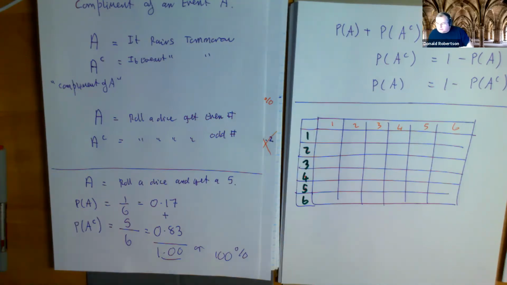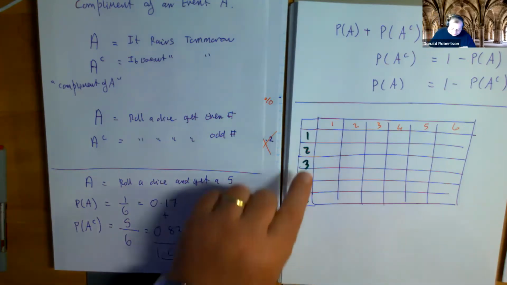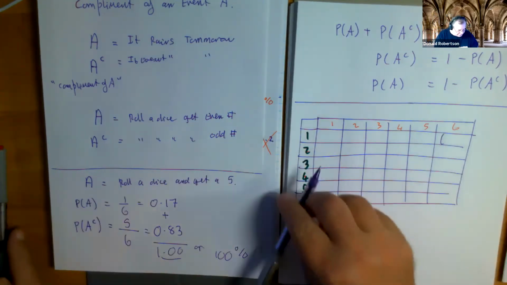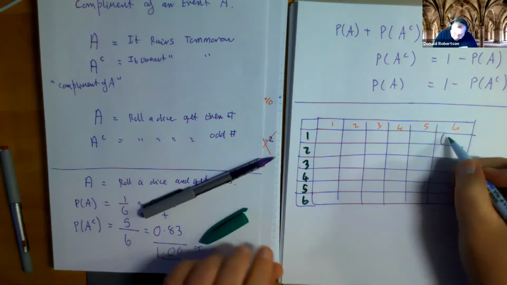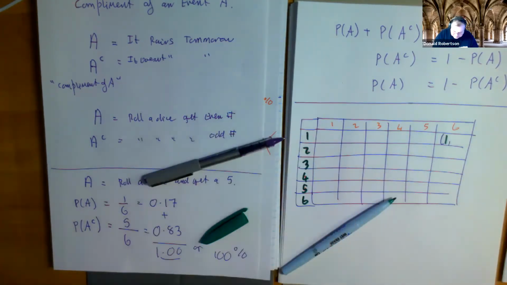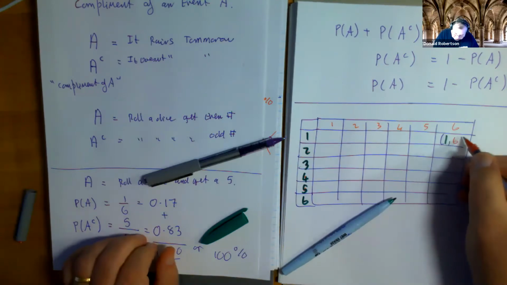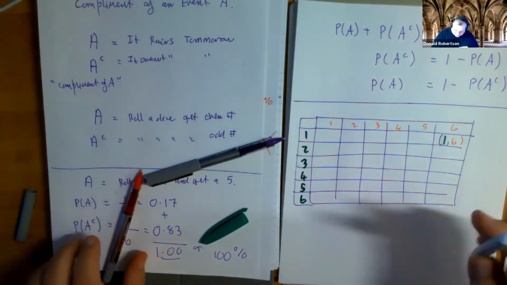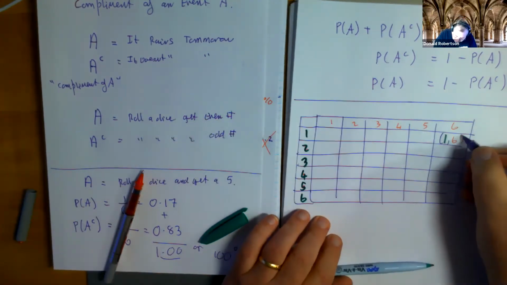So you get 2 dice and you roll them and you throw them. Now, when you do that, there are actually 36 different things that could happen. And I'm going to write them like coordinates. This one here, for instance, would be the green dice is a 1, and the other guy, the red one, is a 6.